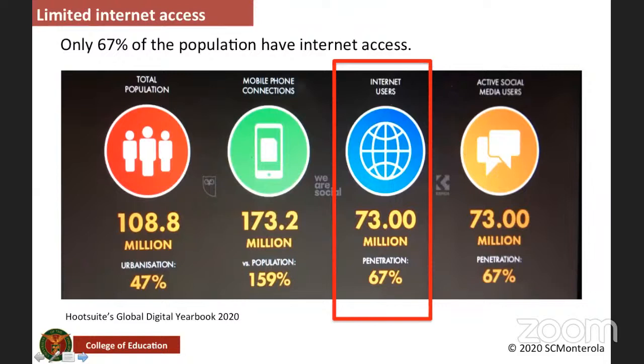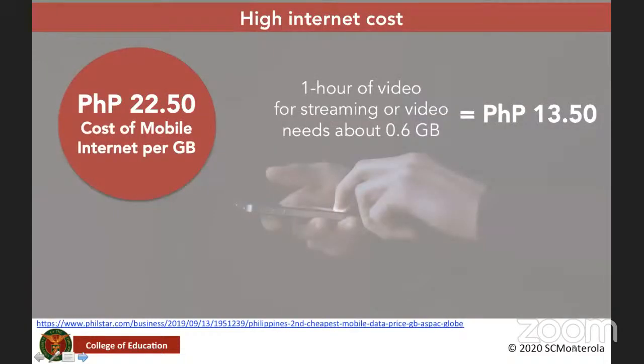And I'd like to also point out that there's an added cost for using internet at this particular point. So now we're working from home. Our students will have to also learn from home. And so we have to factor in the cost of internet usage.